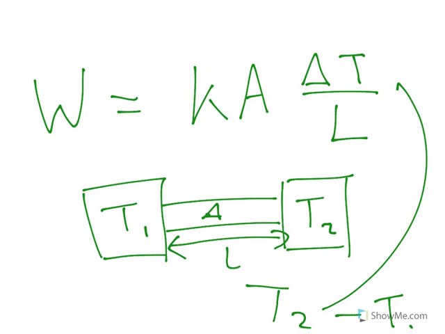So we should actually expect more heat to be transferred at a time if we have a larger object attaching them, so one with a greater cross-sectional area. That means we expect A to be on top. You're multiplying by it rather than dividing by it, because that means as A increases, we expect W, the rate of change of energy, to also increase.